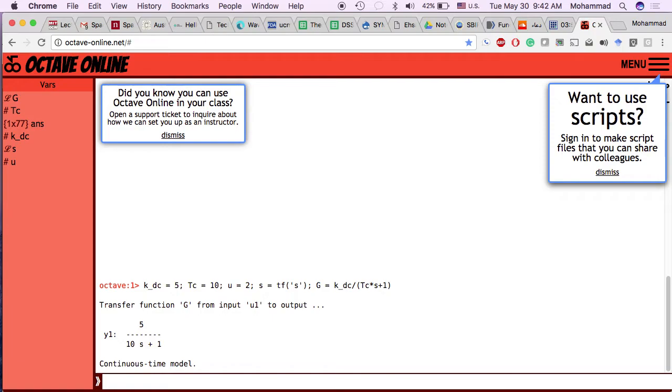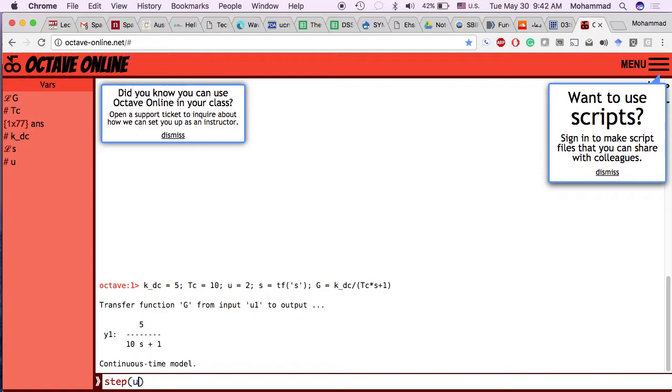So MATLAB understands that from this point on, G is going to be representing your system. And let's say you want to create the step response of this system. MATLAB has a command called step. So you type step, open parentheses. And in your case, we already defined U to be 2.